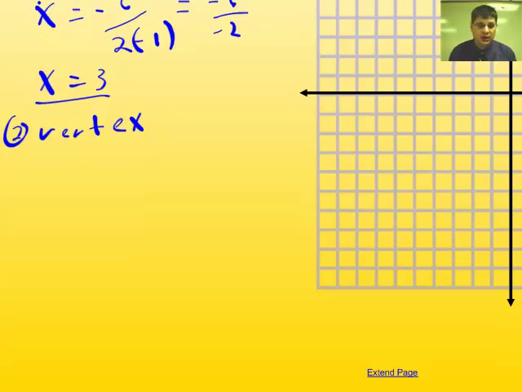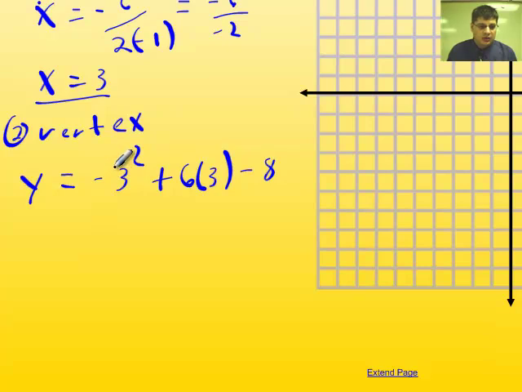So here's where we substitute our x value in order to find the y for our vertex. So it's y equals negative 3 squared plus 6 times 3 minus 8.